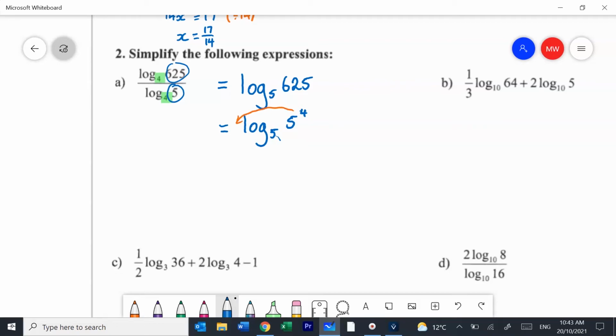So this one becomes 4 log 5 to the 5, and we know that log 5 becomes 1, so this is just the same as 4 times 1, which is 4, and that one's taken as far as we can.